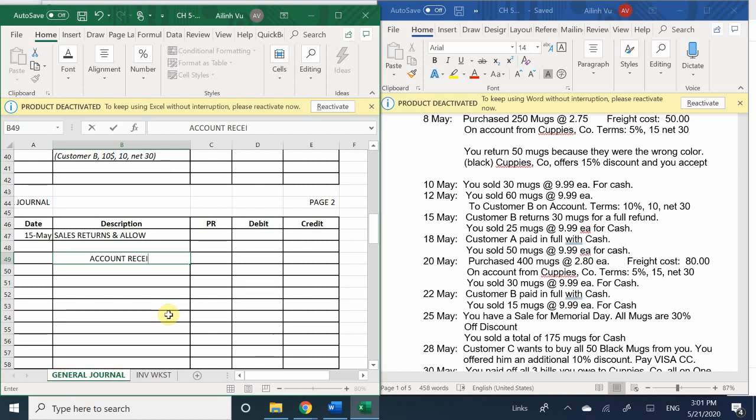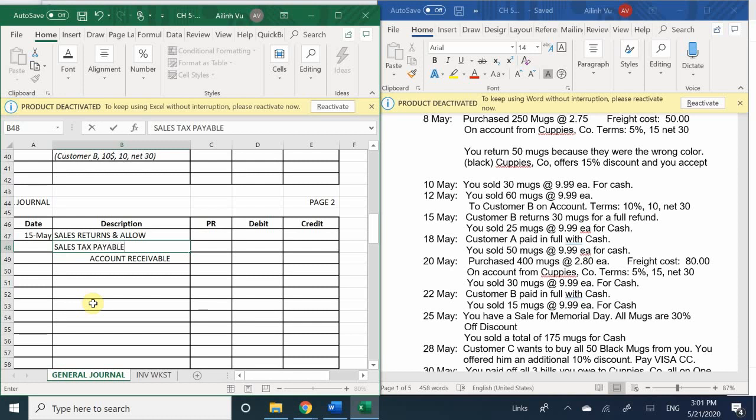What else do we also need to recognize? Wouldn't it be sales tax? Sales tax. Good job. Yes, we need to recognize that because there's a portion of that money that isn't ours, and that is sales tax payable.